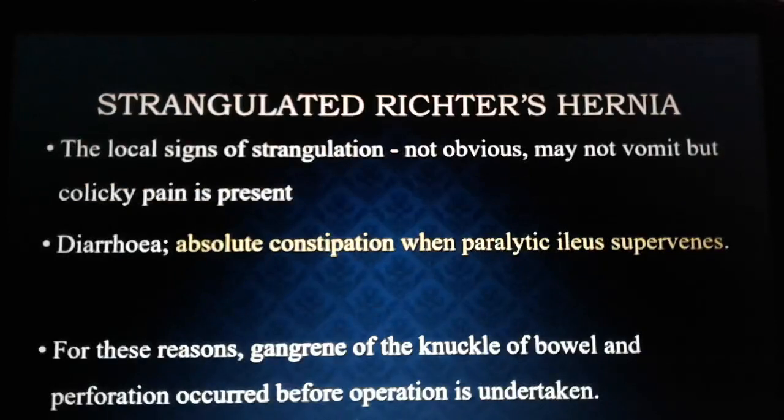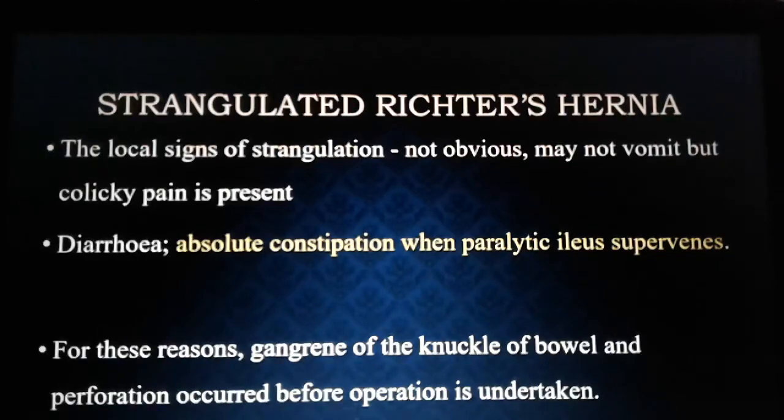Some patients may present with strangulated omentocele, meaning omentum as the content of the hernia. The initial symptoms are almost similar to those of strangulated bowel, although vomiting and constipation are usually not seen. Why? Because omentum can survive even with a very minimal blood supply, in contrast to the intestine.